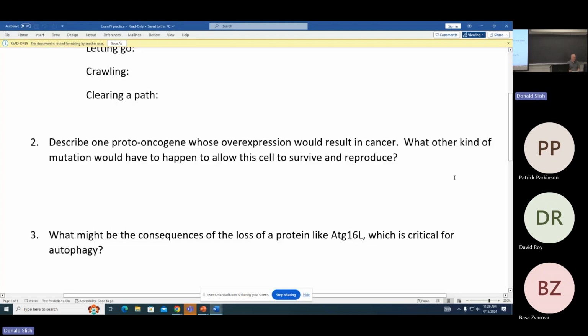No, you're right. The only thing I would correct is AKT would be a proto-oncogene. So that'd be the first part of the question. If you overexpressed AKT or made a constitutively active AKT, that would also inhibit your apoptosis, right?